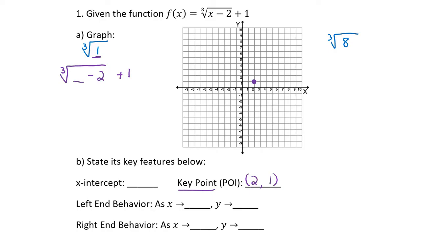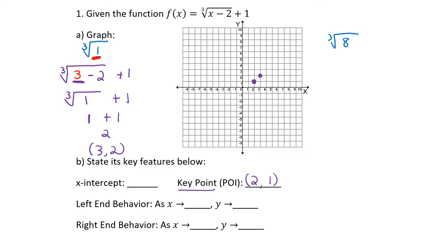So if I use 3 minus 2, that's 1, that's the number I want to use. So now 3 minus 2 is 1, so now I have the cube root of 1. The cube root of 1 is 1, so 1 plus 1 is 2. So my coordinate is 3, 2, taking the number that would create the 1 and the number that we got at the end. So that's going to give us 3, 2.